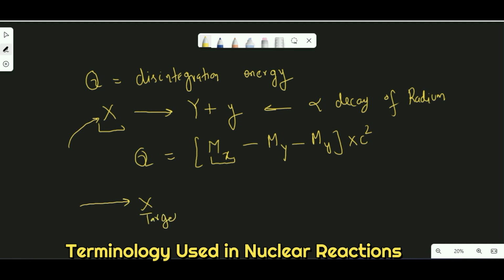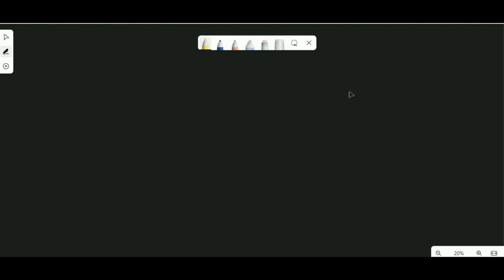The target is also known as the parent nuclei, and on the right hand side, which I repeatedly referred to as the reactants, these are the products. In some questions you will see the words target and parent nuclei, one and the same thing, and you may see a beam of particles come and strike the parent nucleus and it gets converted into daughter nuclei. This is very, very important.